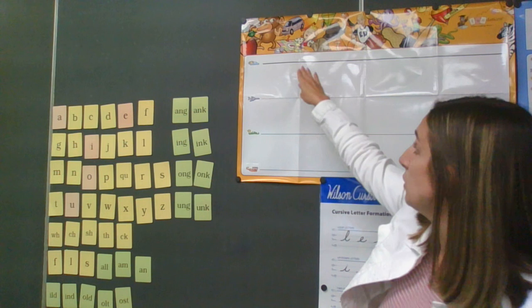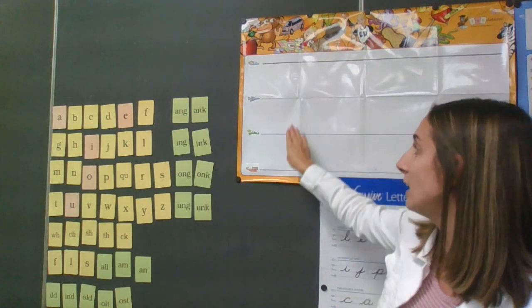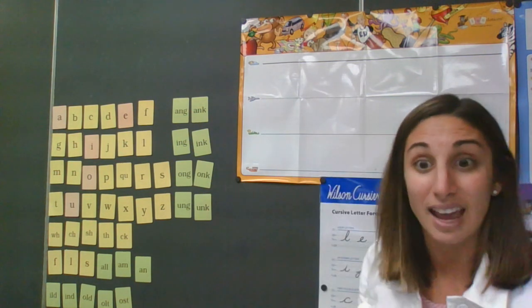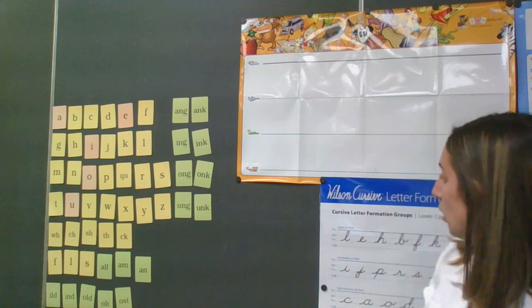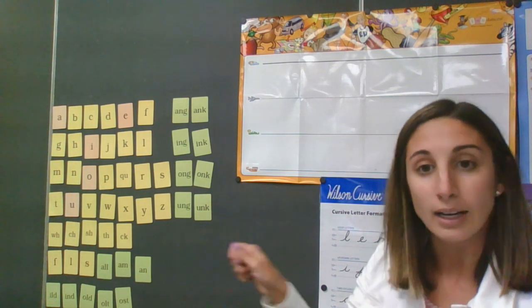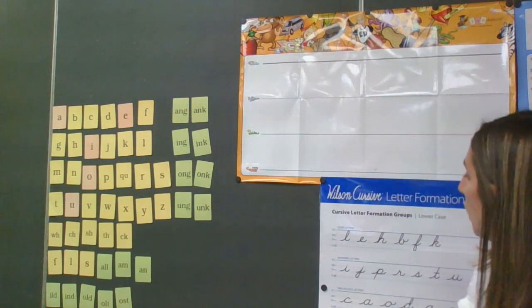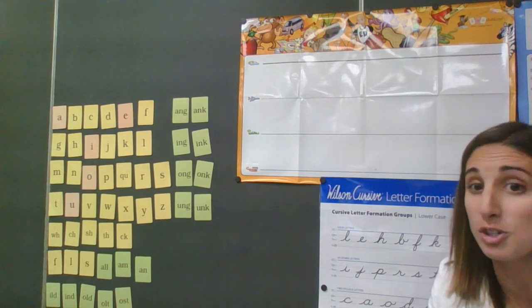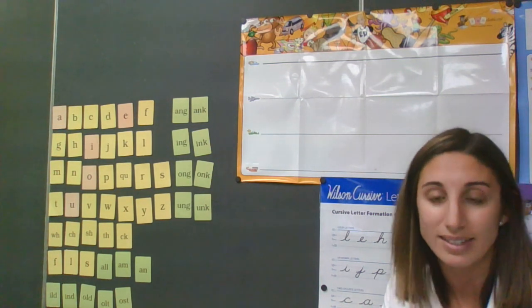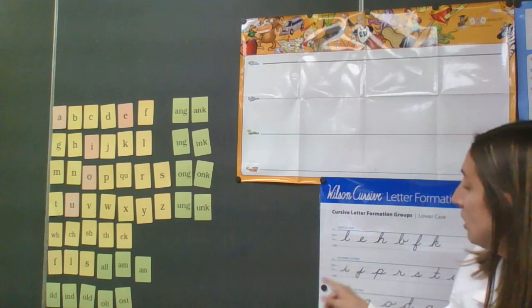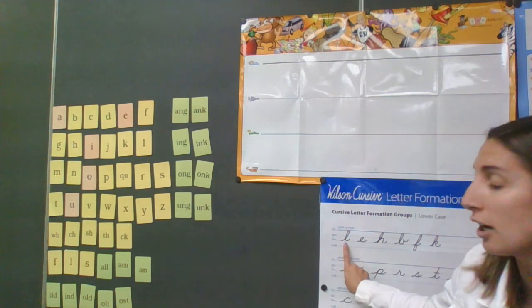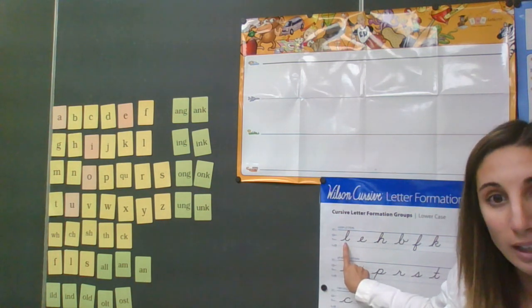Today, we wanted to review skyline, plane line, grass line, worm line, because today we started doing a little bit of cursive. When we do cursive, you will need paper and a pencil. We're going to start slowly. We're going to just do one lowercase letter today, the lowercase letter L. It's right here.